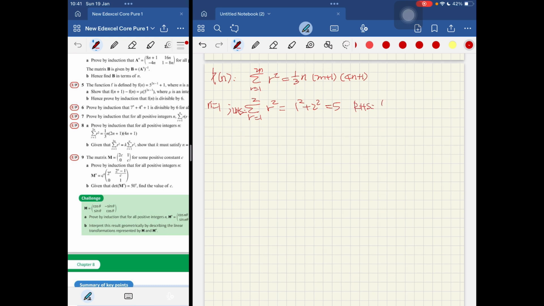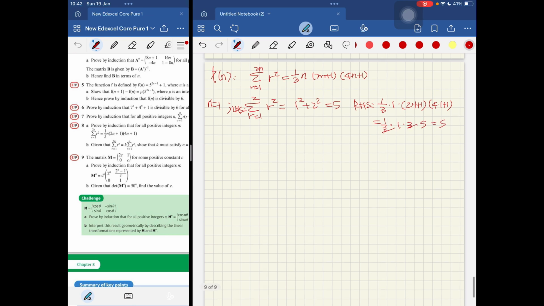RHS, 1 over 3 times 1 times (2 times 1 plus 1) times (4 times 1 plus 1), which is 1 over 3 times 1 times 3 times 5, which is 5. LHS equals RHS, therefore true.